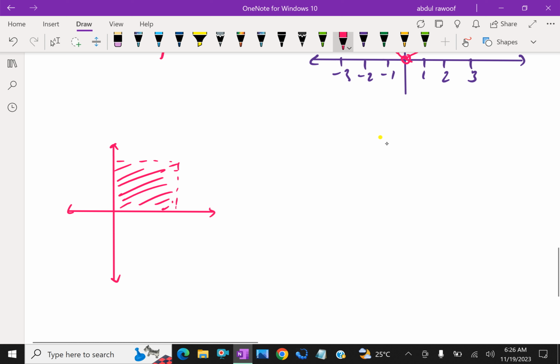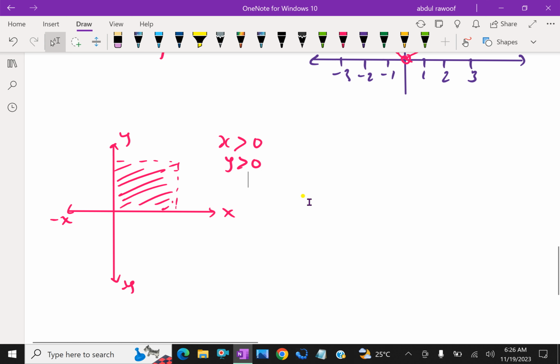That is, x and y are always in the first quadrant, which means it is a set of points. What is the relation between these? What is that equation? Here we can say x is greater than 0 and y is greater than 0, which means wherever the x points are positive, the related y points are also positive, that means greater than zero.